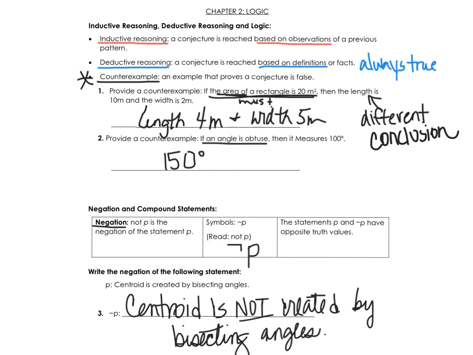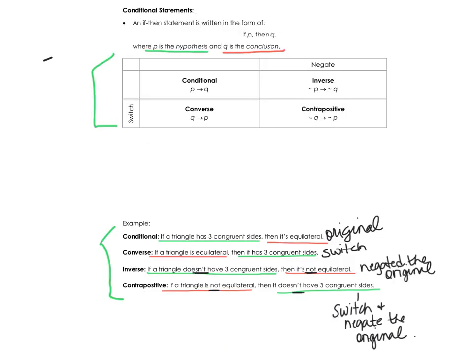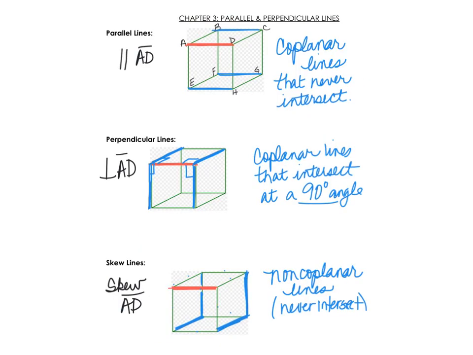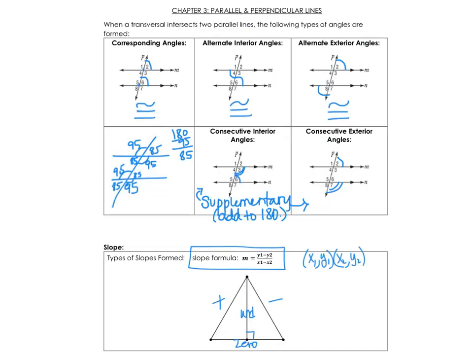Feel free to pause this and copy the information. Just to keep them in the video. Feel free to pause wherever you want, and in a minute here we will start where we left off.